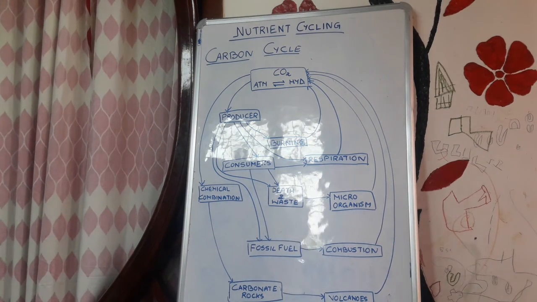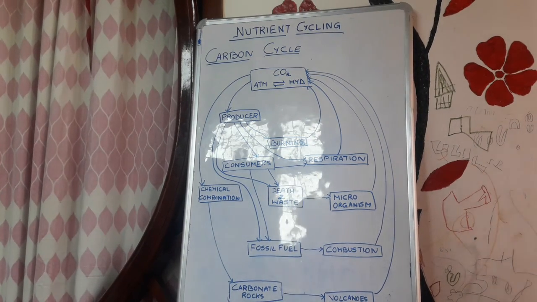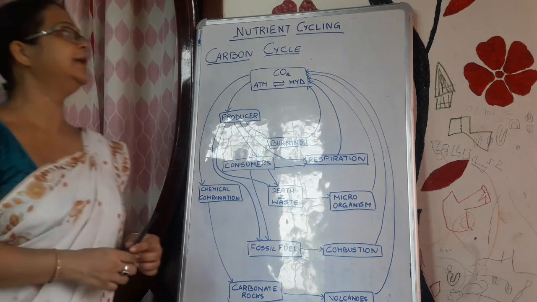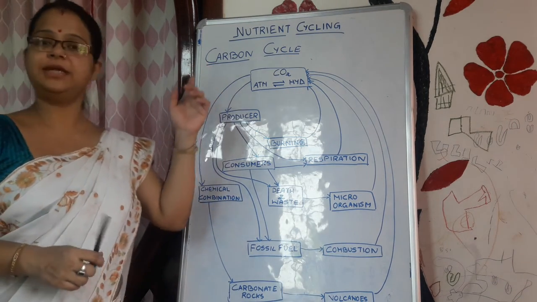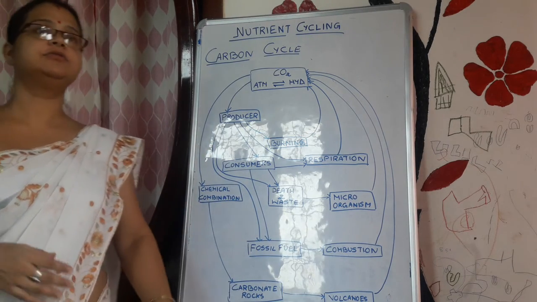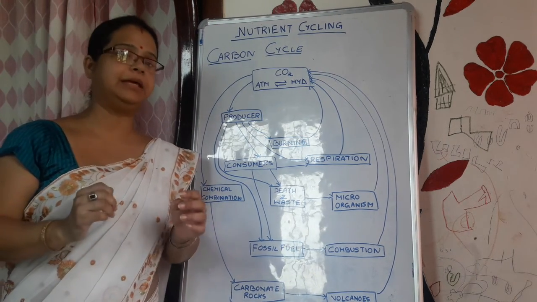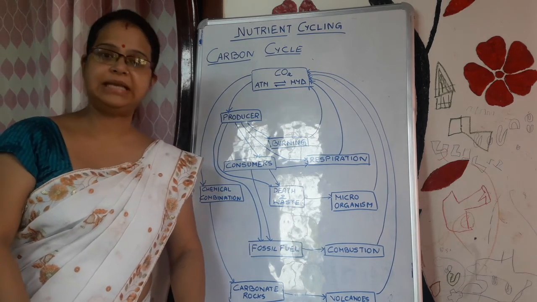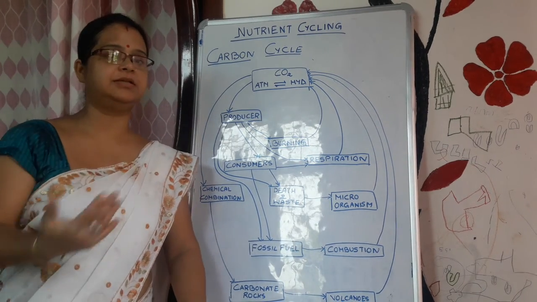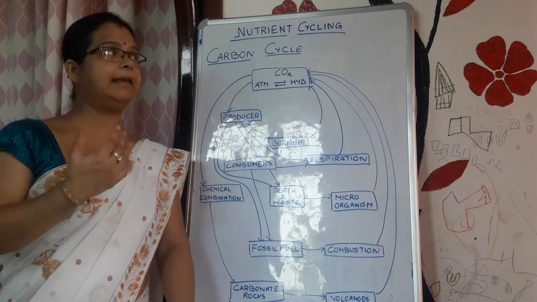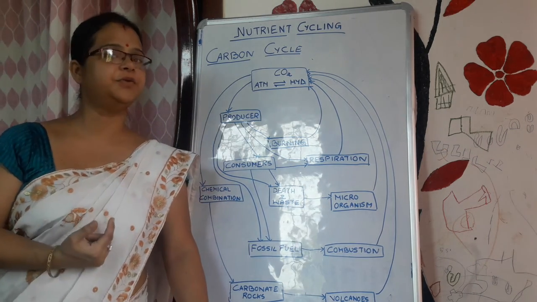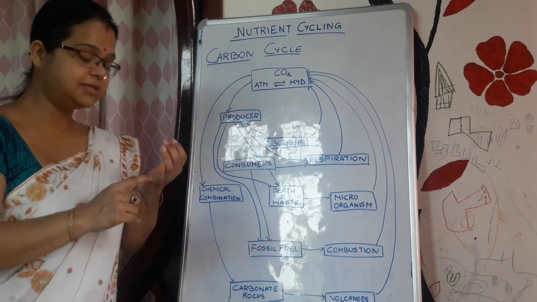Good morning. So today let's start the last part of the chapter, that is nutrient cycling. Nutrient cycling is also known as the biogeochemical cycle. What does that mean? Bio means life, geo means the soil or the earth, chemical substances are included, and we know what a cycle is.